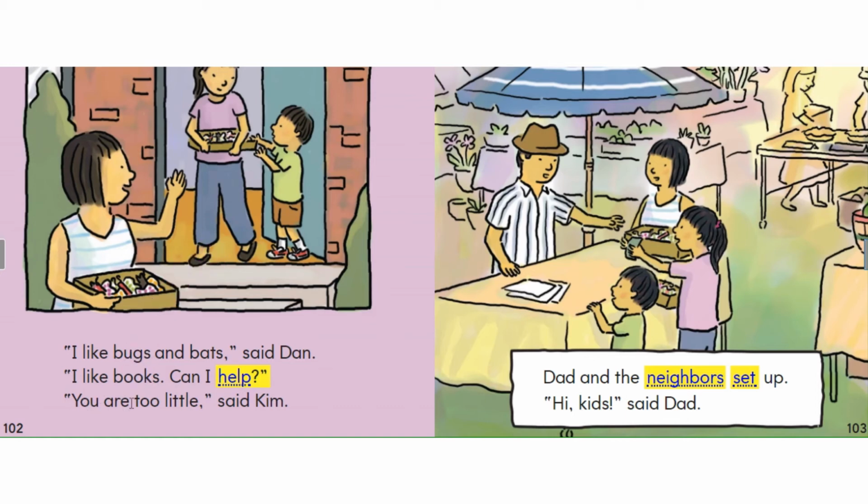You are too little. Good job. Okay. So now they're at the market here, and the neighbors set up, vocabulary words. So that means they set up by putting their table with a little umbrella to put their bats and bugs for people to see. So they're able to what? Sell. Good job.